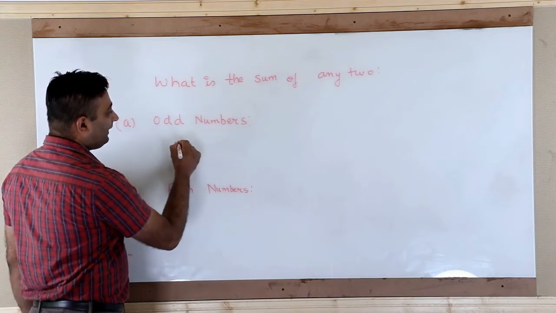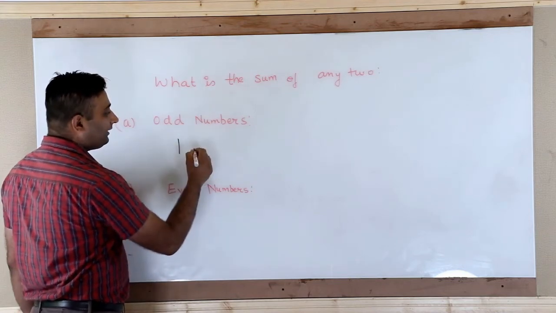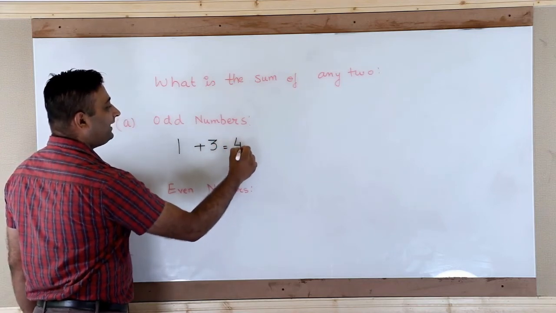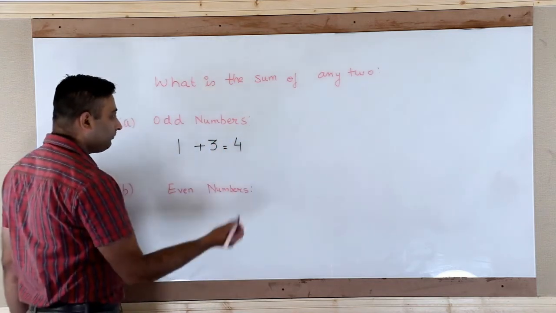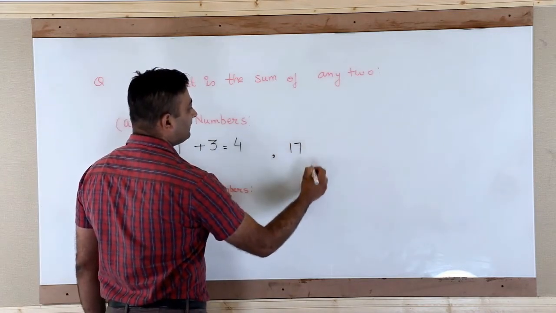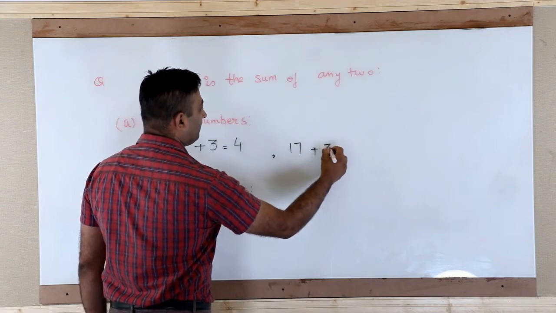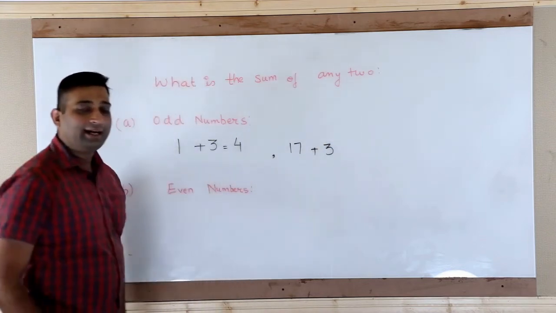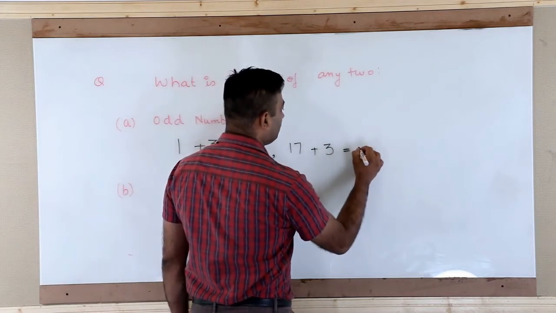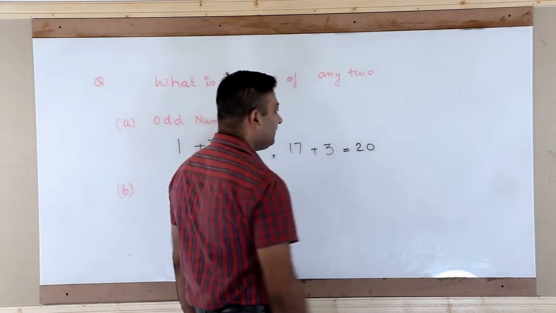When we take any two odd numbers like 1 and 3 and add them up, we will always get an even number. We can take some more examples. We can take the odd numbers like 17 and 3. So 17 is an odd number and 3 is also an odd number. Hence, the sum of these two will always be an even number.